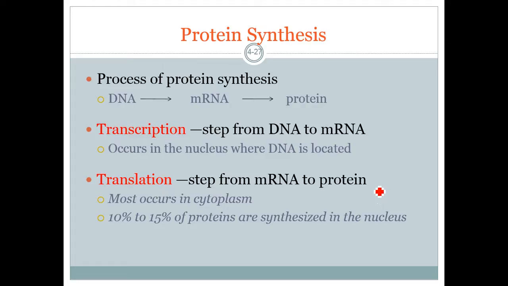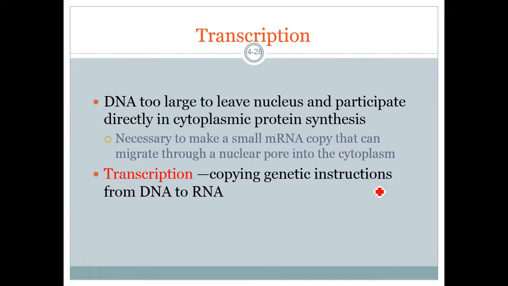Now, 10% to 15% of proteins are synthesized in the nucleus. The remaining is in the cytoplasm. We do have DNA that is too large to leave the nucleus and participate directly in cytoplasmic protein synthesis.